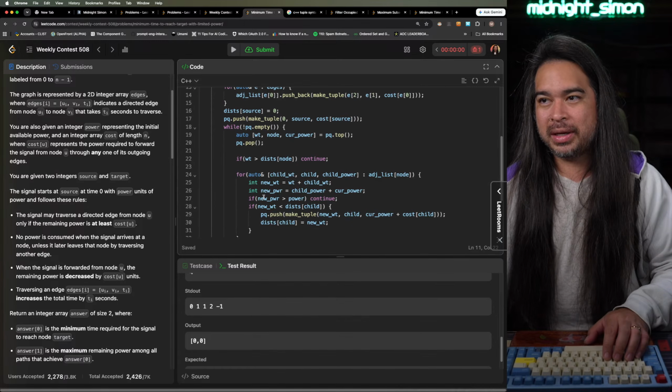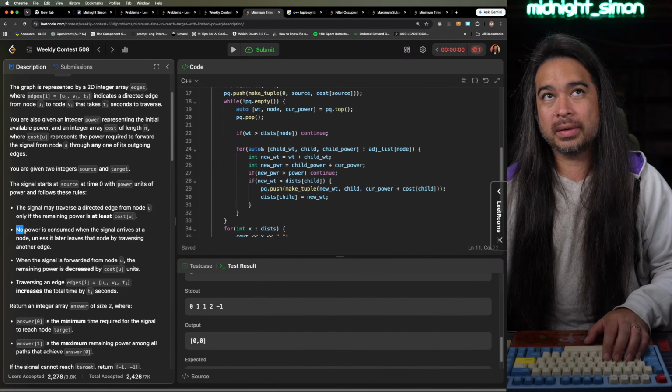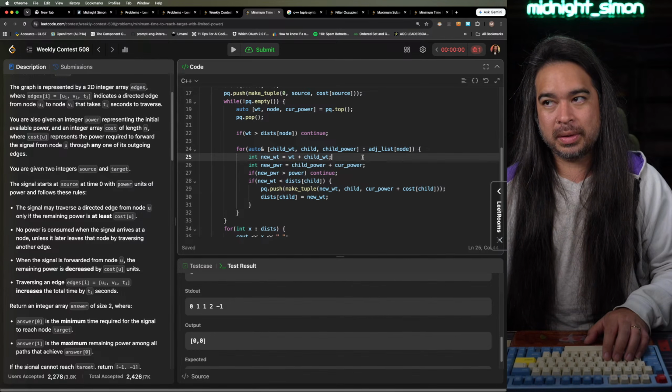Because I'm thinking I can find the smallest time. But how do I know if I ran out of power with the smallest time? I keep track of the powers as well.